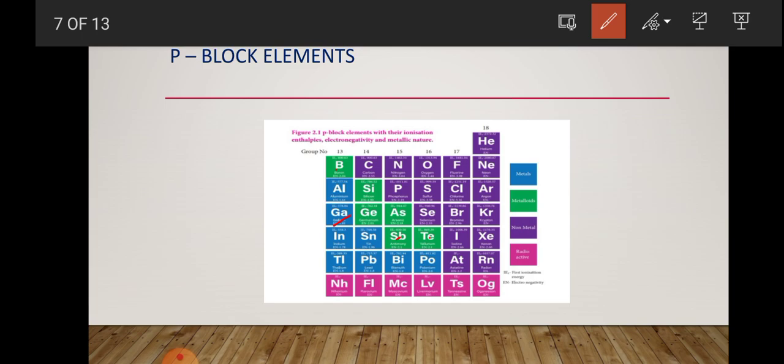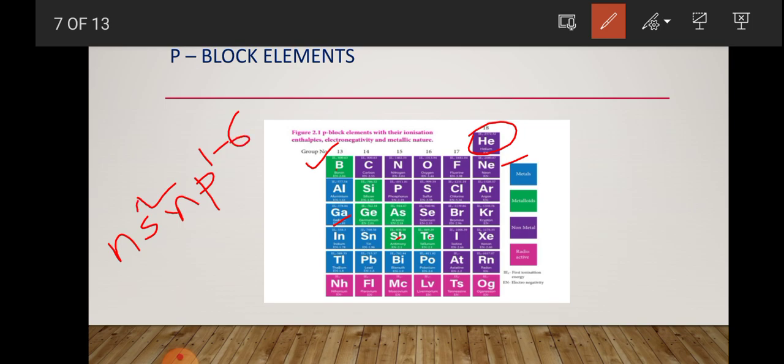Look here, the elements of group 13 to group 18 except helium, total 36 elements, belong to p block elements, and their outermost electronic configuration is ns2 np1 to 6.